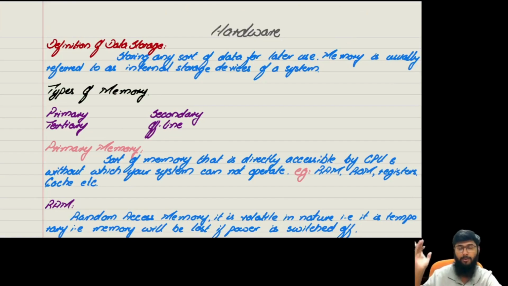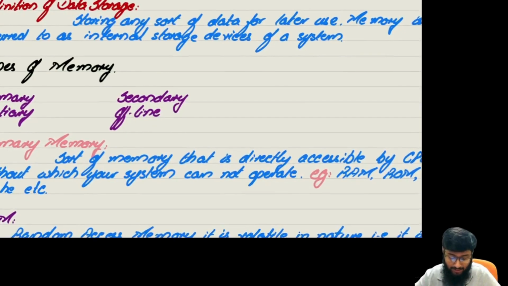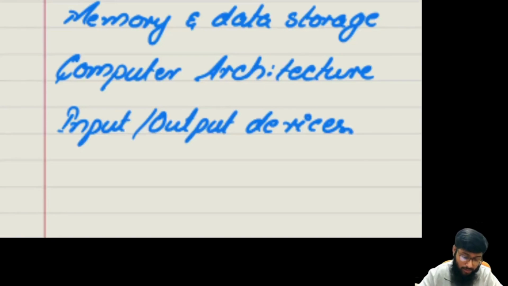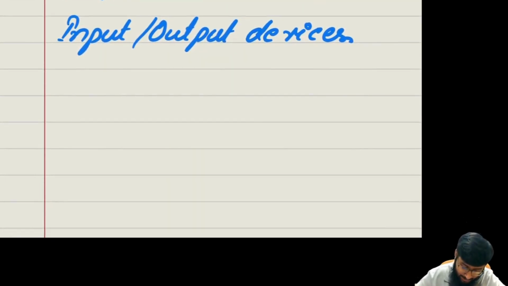First of all, I'm going to define what data storage is. If you are going to store any sort of data or information, just have a look at the difference between data and information. What is data?